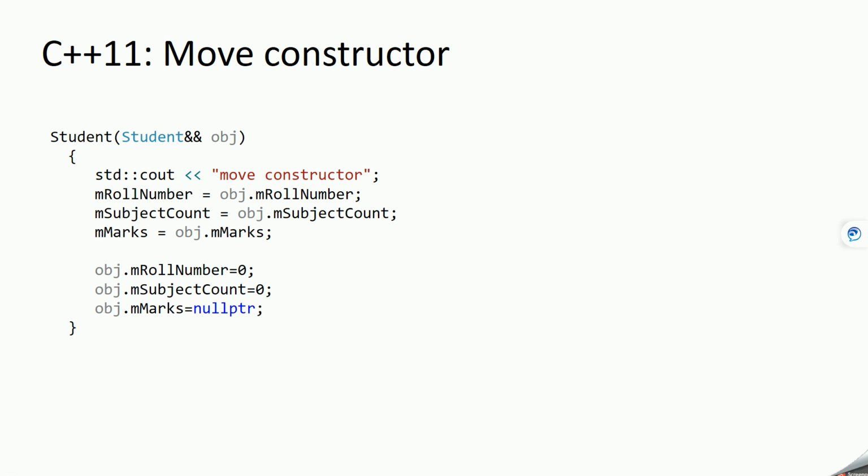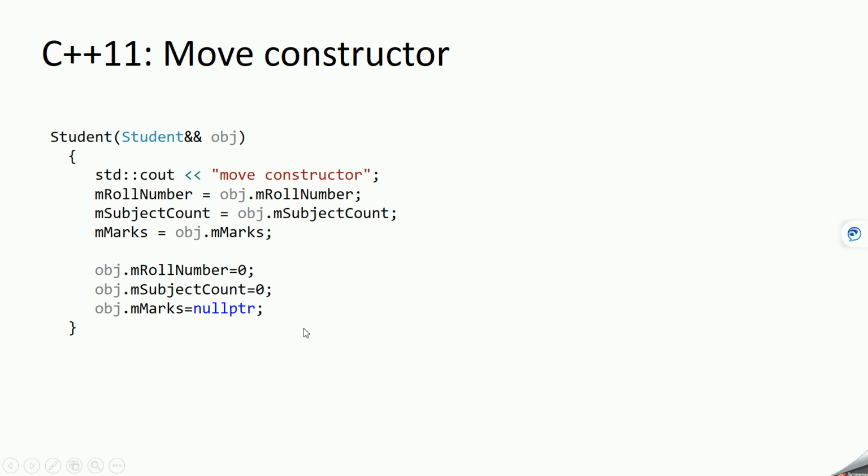We will delete that memory, but the new marks is also pointing to the same memory. So we'll have a problem when we want to use the marks that we have created just now. Move constructor avoids the extra memory allocation in case we have a temporary object which will get deleted anyway. So instead of copying from that temporary object, you can directly make this object point to its memory with the help of move constructor.